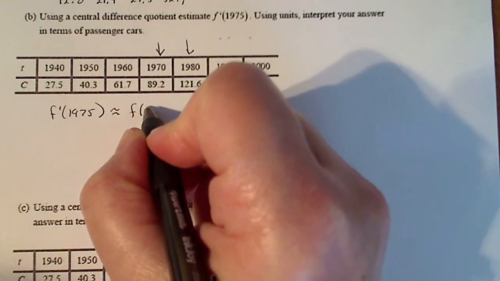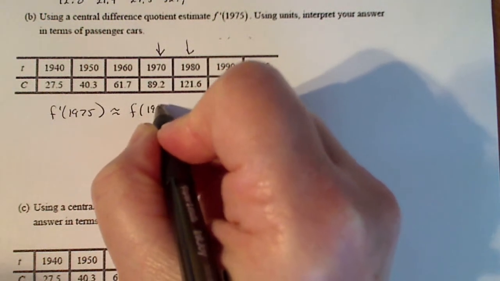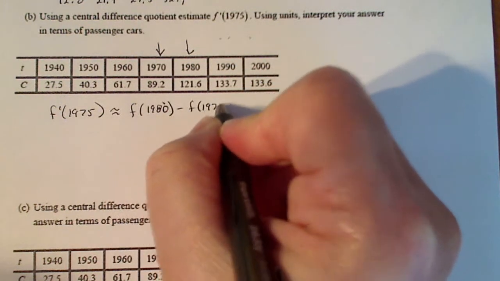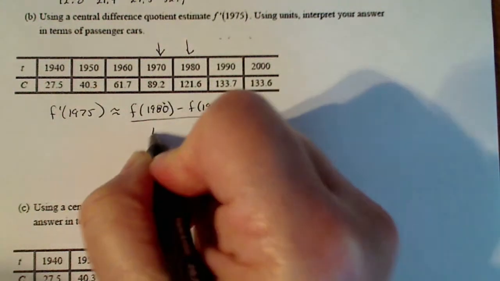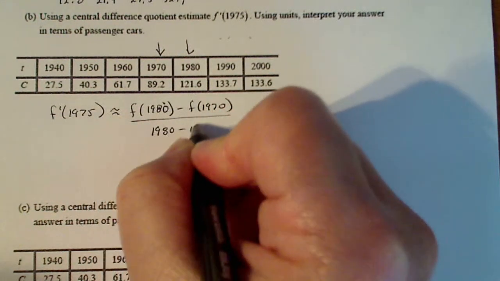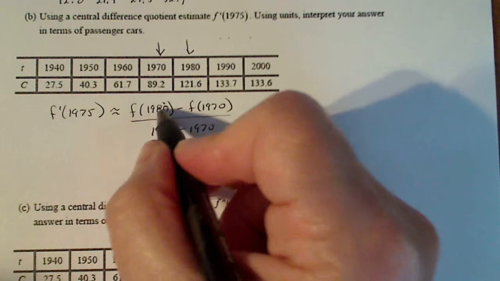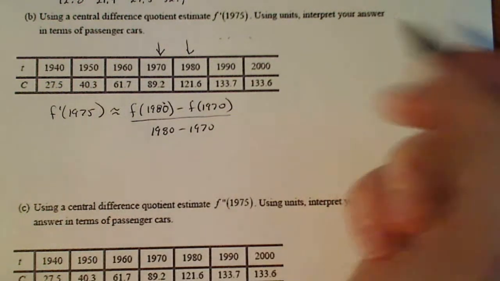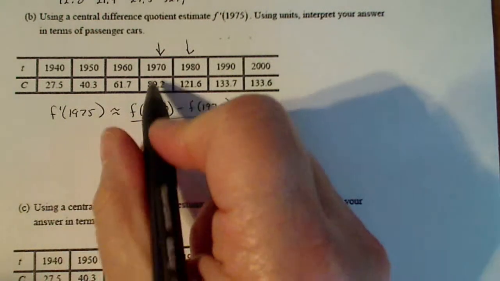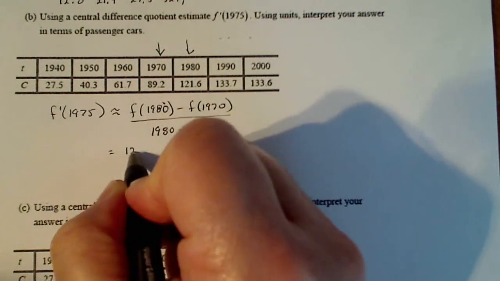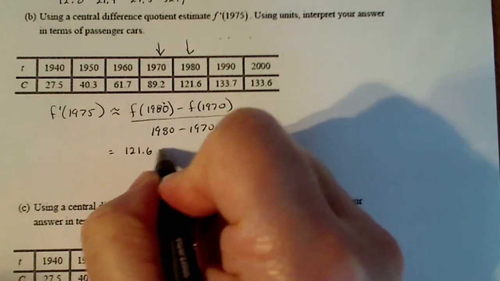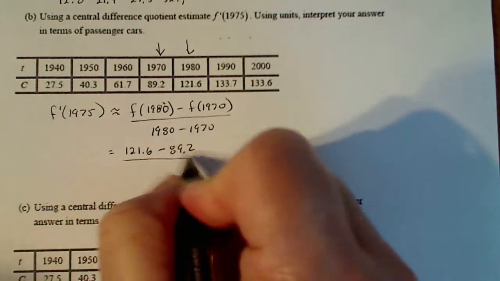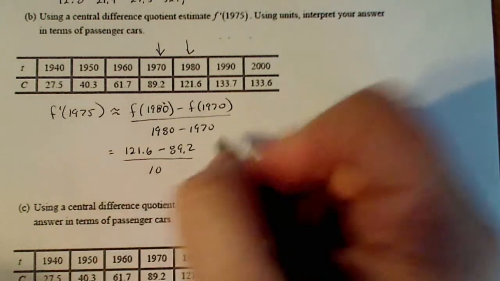So that's going to be f of 1980 minus f of 1970 divided by 1980 minus 1970. Notice that these numbers that are input here are the same numbers that are down below. So f of 1980 is 121.6, f of 1970 is 89.2, and the difference between these two years is 10 years.